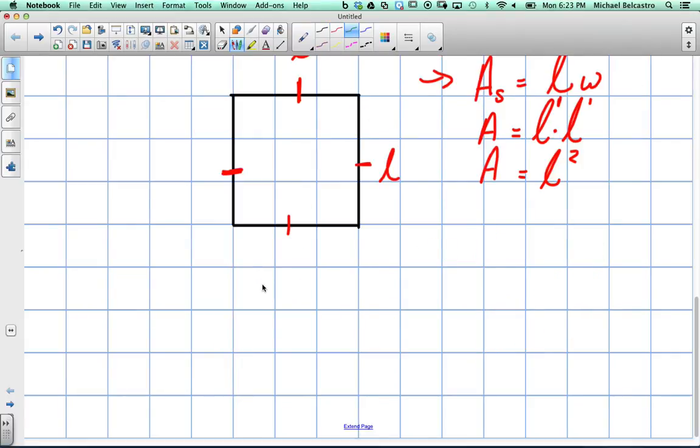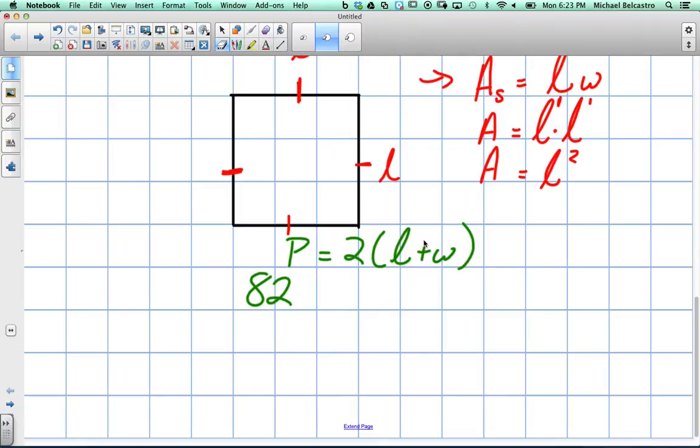Still the same concept. Perimeter is 82, and the perimeter formula is P equals 2 times (L plus W). Okay? But we just talked about how L is the same as W, so we don't need to use W. We're going to use L instead. It's L plus L. Does that make sense?